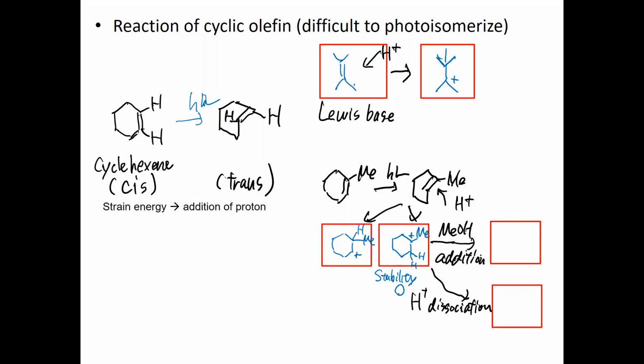And then if you have methanol, the methanol can attack by nucleophilic addition. That gives a product like this. And also if the proton is released, it can generate an olefin like this.